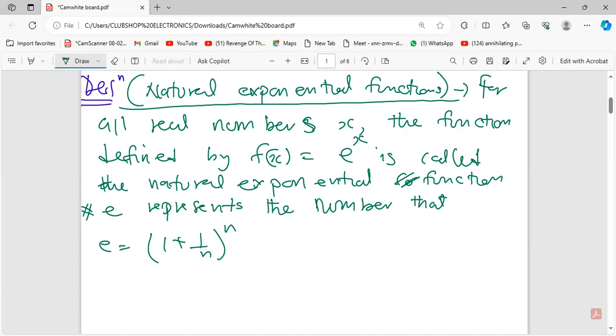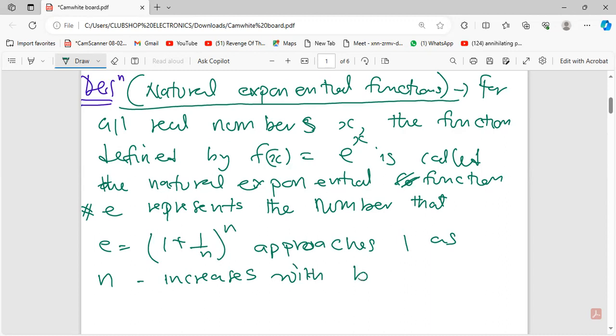At this point, how that number approaches, as n increases without bound.